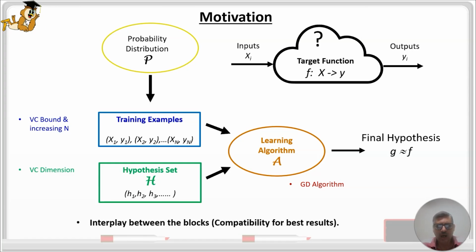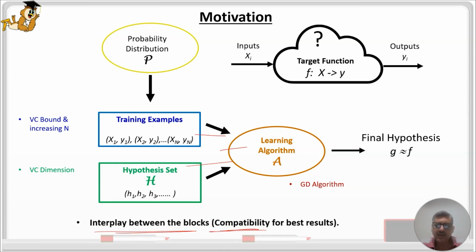So how well these blocks work together in tandem is an important consideration while designing the overall system. We cannot look at them in isolation. And that is what I meant by interplay between blocks, their compatibility, how well they work together.